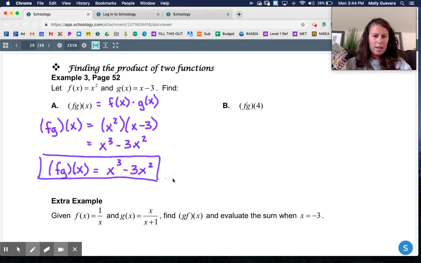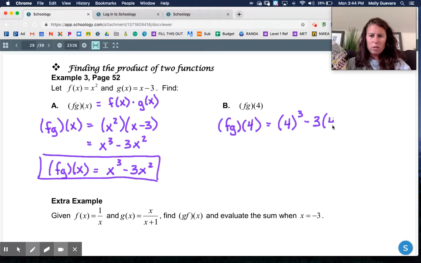So there's that. And then I want to evaluate at 4. So I'm just going to plug in 4 since I already found f times g. So I get 4 to the third minus 3 times 4 squared. Okay, 4 to the third is 64. Minus 3 times 4 squared, which is 16.